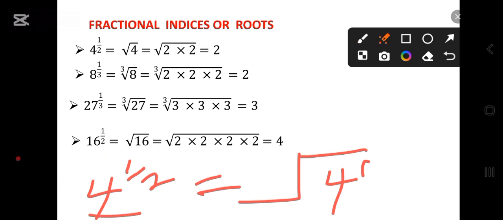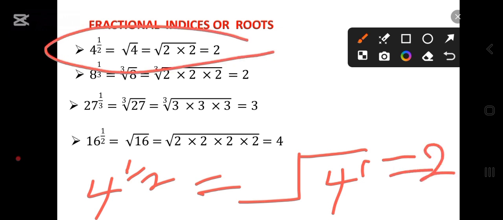We have 4 raised to power 1 over 2. The denominator is 2. It becomes the square root of 4, while the numerator becomes the power. So square root of 4 now gives us 2. That is how we have this expression that is here.